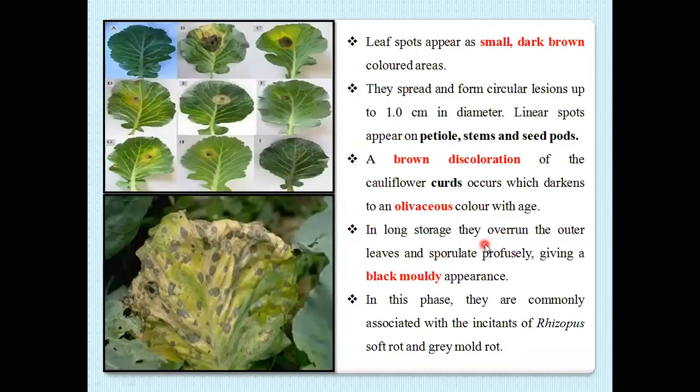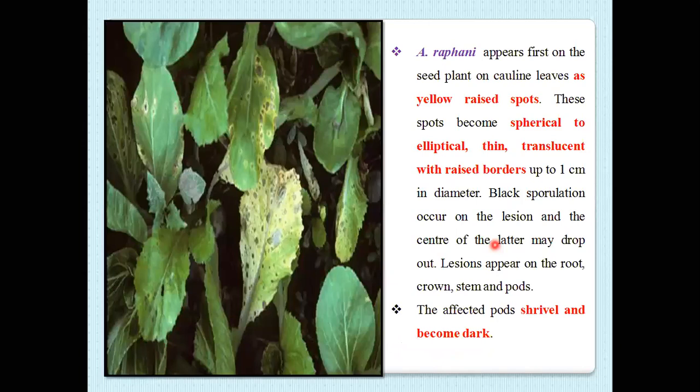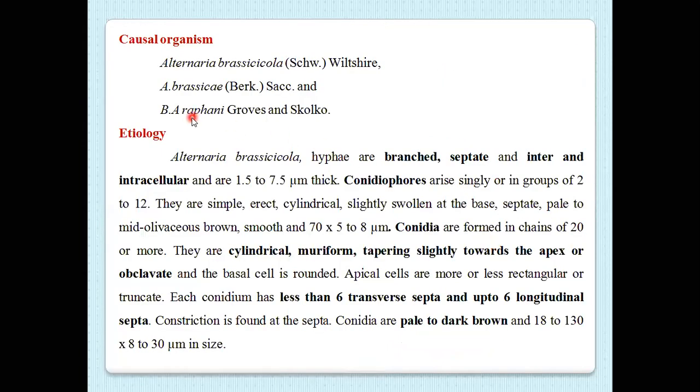This symptom is generally seen on the leaf as well as the head or stem portion of all the cruciferous crops due to Alternaria species. Alternaria brassicicola, Alternaria brassicae, and Alternaria raphani are the causal organisms mainly responsible for producing the leaf spot disease in cruciferous crops.